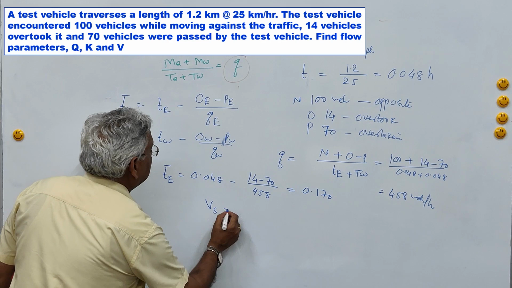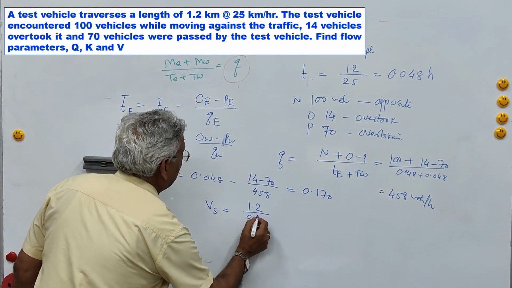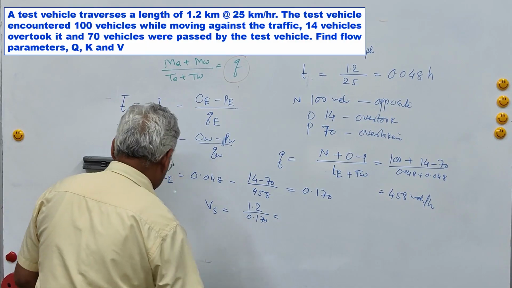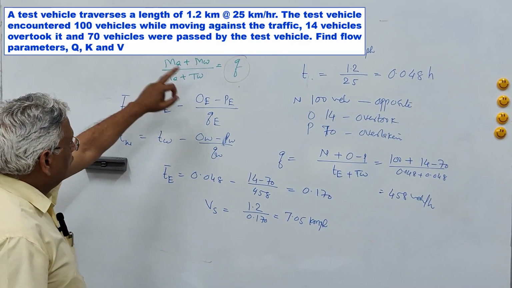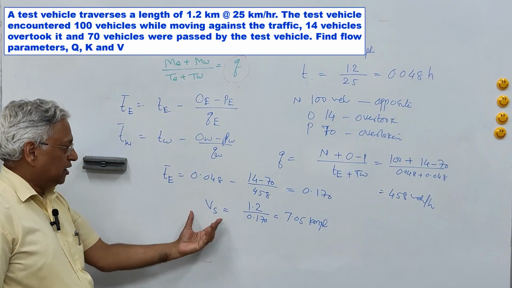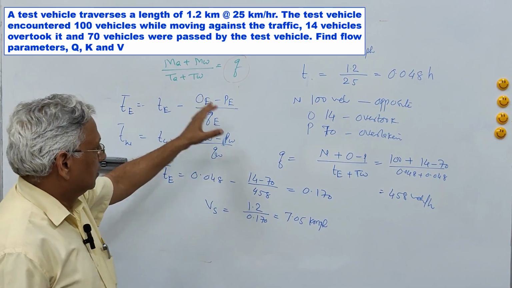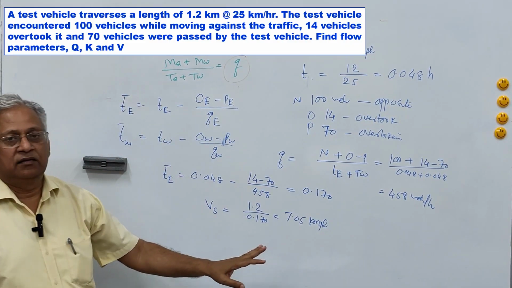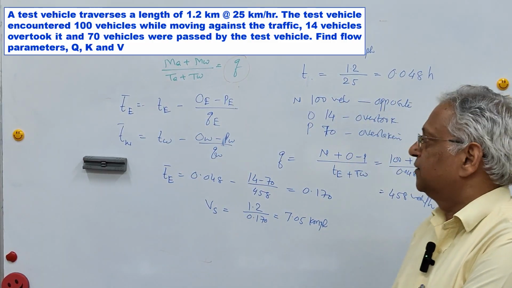So stream speed will be 1.2 kilometer divided by 0.170, that is 7 kilometer per hour. You know flow, you know stream speed, now you can find out the density. K is 458 divided by 7, around 65. 65 vehicles per kilometer is the density.